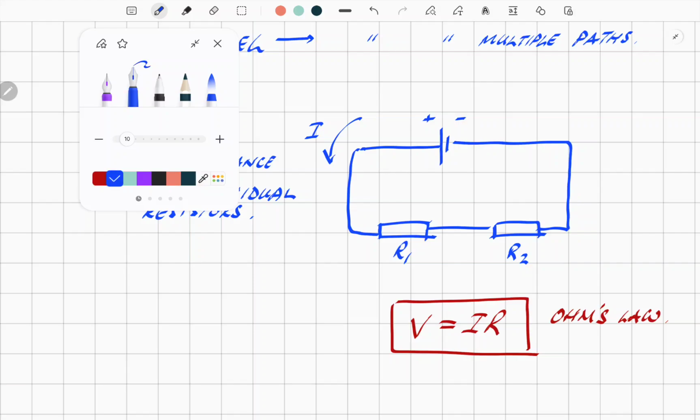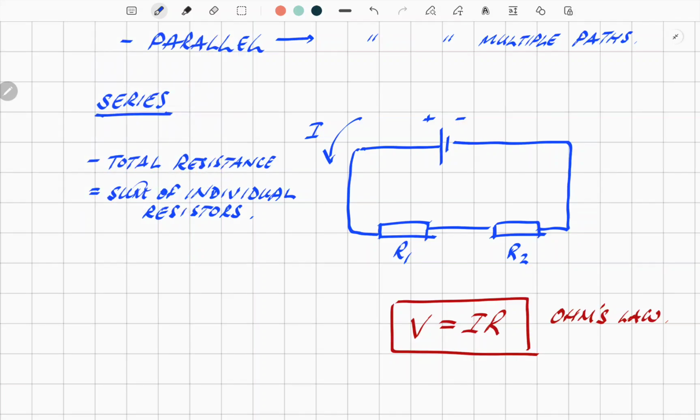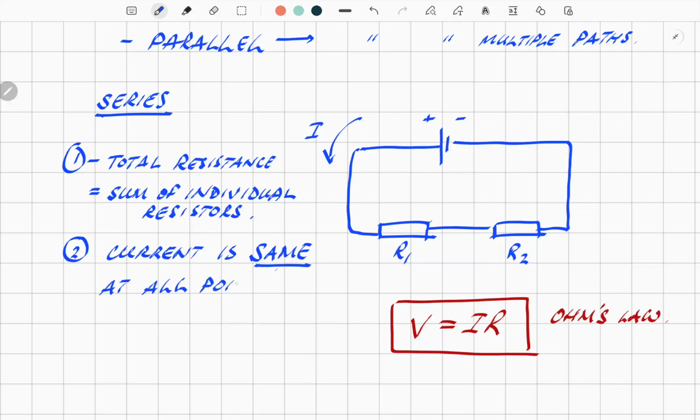All right, fine. And the other rule with series circuit is that the current is the same at all points in the circuit.